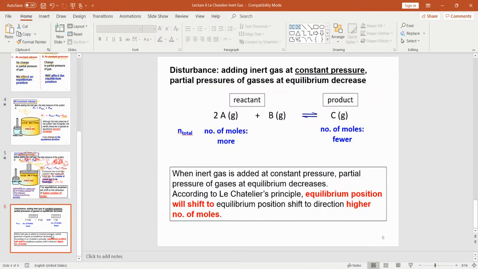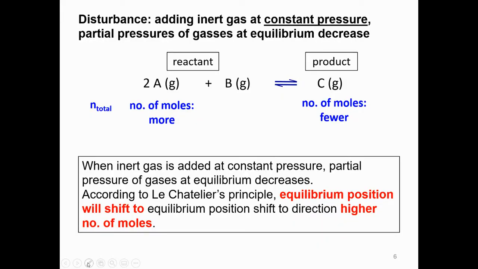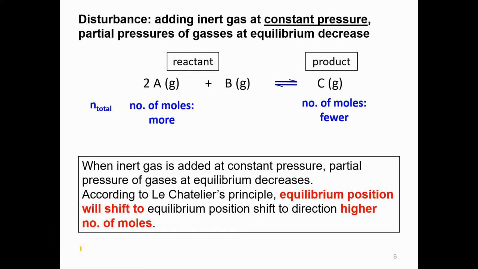Now let's continue with an example here. The question here is, the disturbance is adding inert gas at constant pressure. So just look at the reversible reaction equation. First of all, we know this is 2 moles, this is 1.